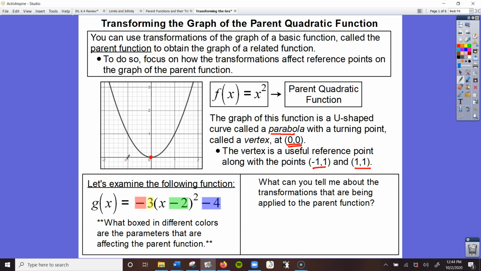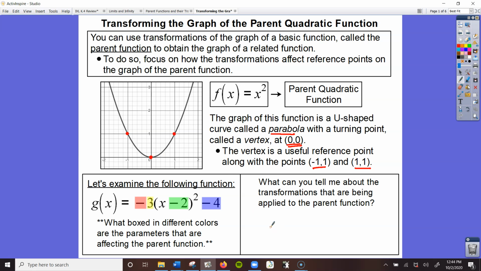You see how (-1, 1) is located on the function, and so is (1, 1). So what we're going to do is figure out the transformations that are present on the graph, and then we're going to move these points, and when we move or stretch or apply whatever transformation to these points, we're able to plot those points and then just connect them to create that U shape.